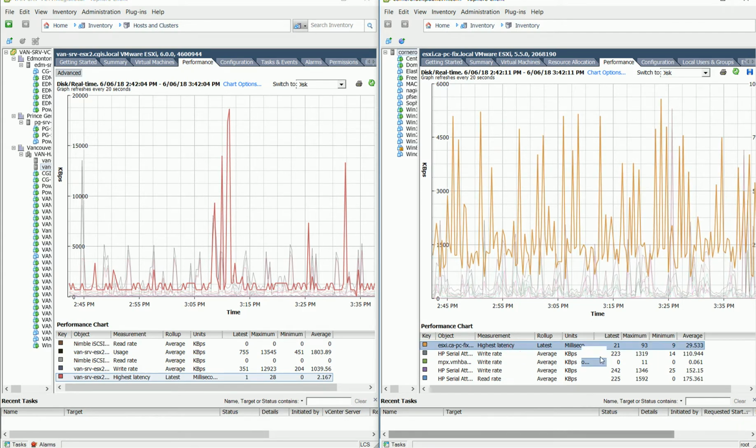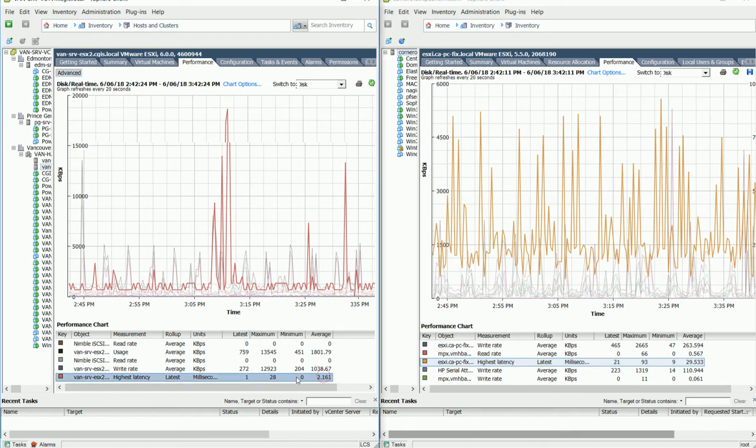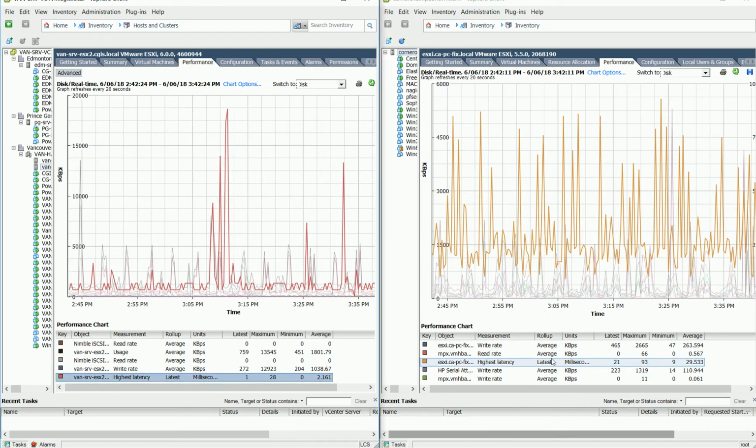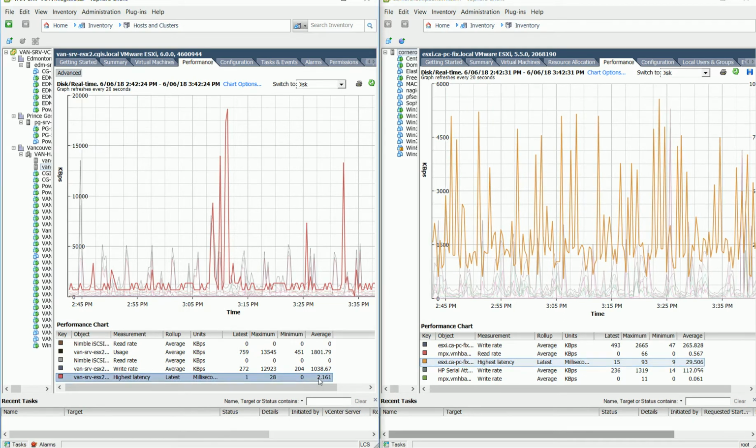The same thing happens with latency: the high-end server has a very low latency. This one has 29 average, this one only 2. These make the difference.